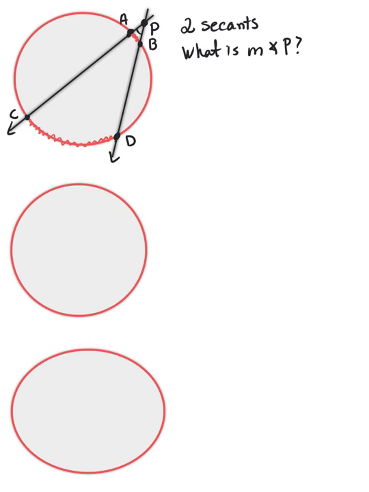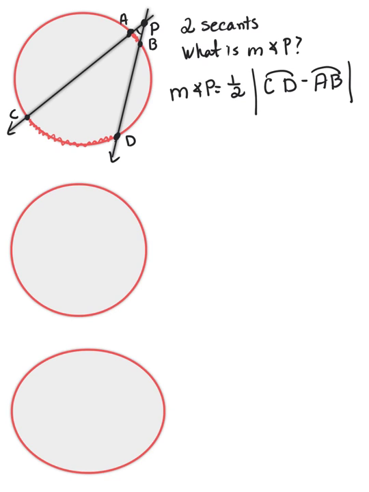My angle is outside my circle, so this time my formula is going to be that the measure of angle P is equal to 1/2 the difference of the angle's two intercepted arcs. I like to use absolute value symbols because some students may forget to put the large arc first.